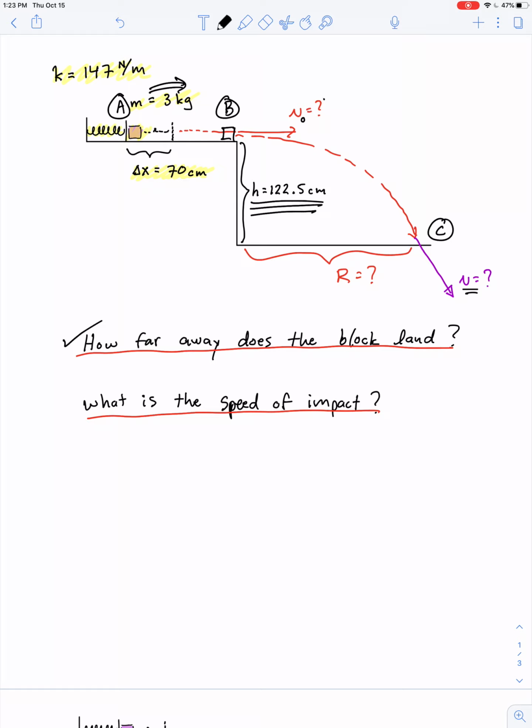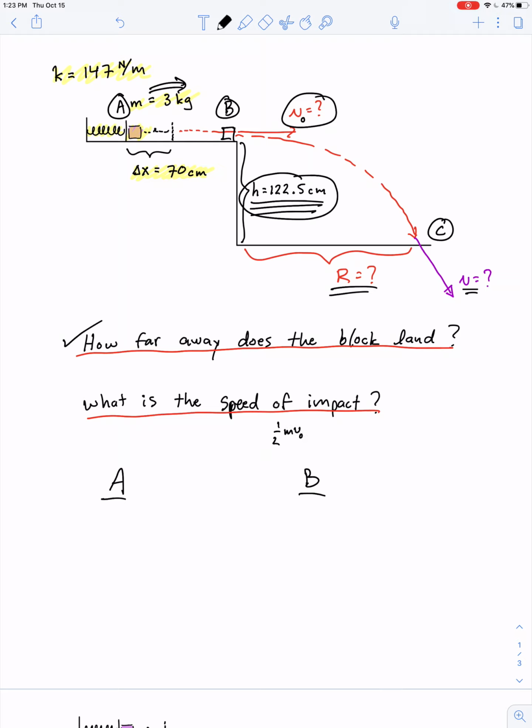If we know how fast the object flies off the edge of the desk and we know how tall it is, then we should be able to use that to figure out the range. Okay. So from point A to point B, mechanical energy is conserved. Now we could write out this full long version of the equation for the law of conservation of energy.